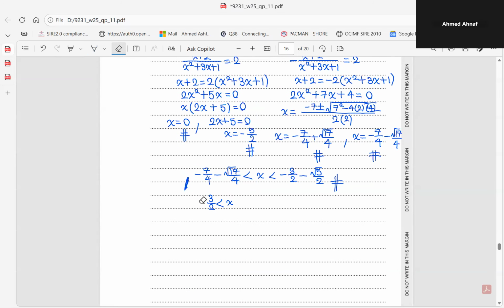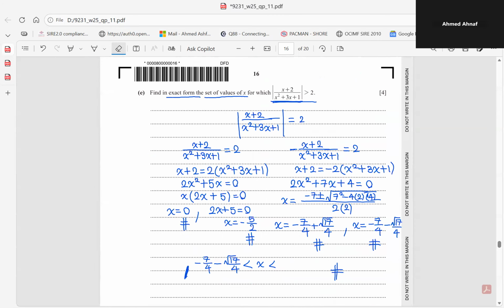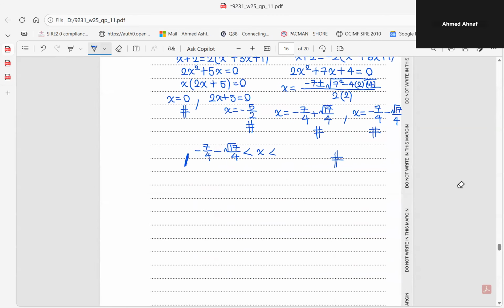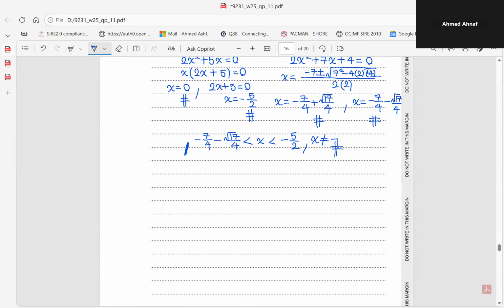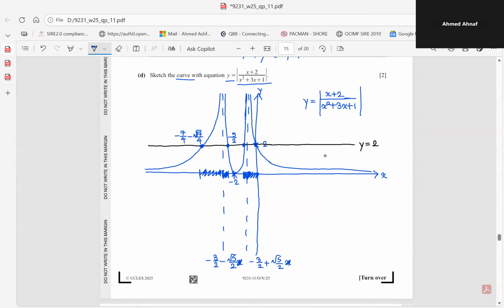Or maybe we can just combine these two, since they have the same limit. So between negative 5 over 2, where x isn't equal to the asymptote, negative 3 over 2 minus square root 5 over 2. So that is the first one.